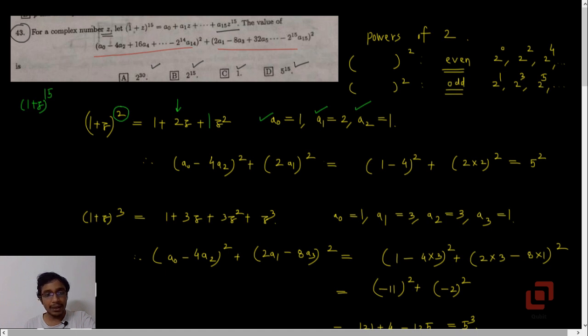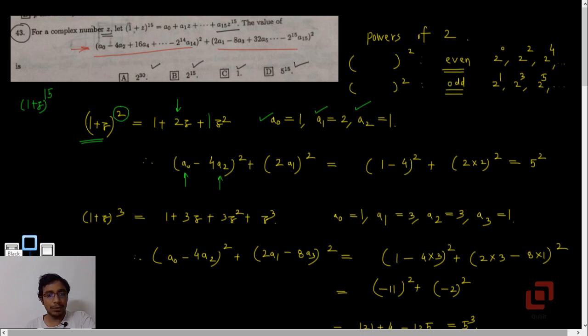Then I tried to find the value of an expression similar to this one but for (1 + z) squared. As we pointed out earlier, in the first bracket we have all even powers of 2 and also even-subscript coefficients a0, a2 and so on. So there will be two such coefficients for (1 + z) raised to 2, a0 and a2, accompanied by respective powers of 2.